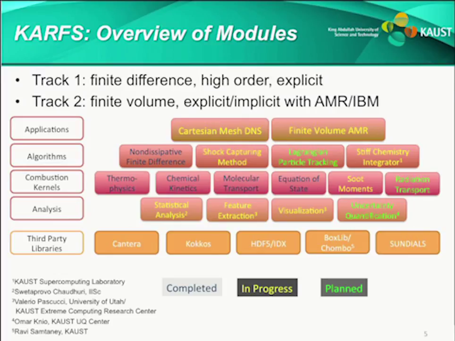Another track is the finite volume approach, to be more versatile in real geometry situations, including some AMR and immersed boundary method approaches. You can see some of the collaborators associated with each of those subjects. And analysis is another important part. We started working with Valerio Pascucci and the KAUST Extreme Computing Center on those data mining capabilities.